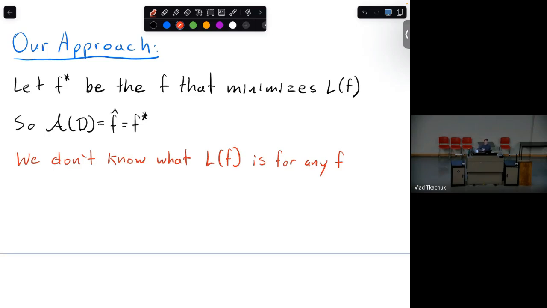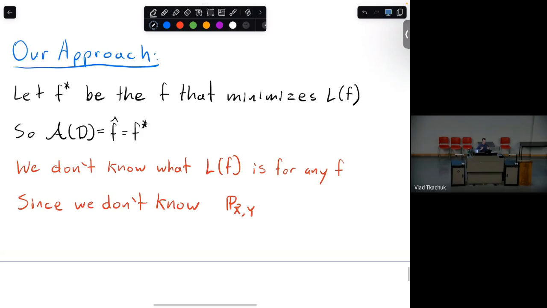The reason we don't know it is that we don't know the distribution P of x, y. If we could compute this expected loss for each f, then we would just try all the f's and pick the one that has the smallest loss, right? Then we would just output that.